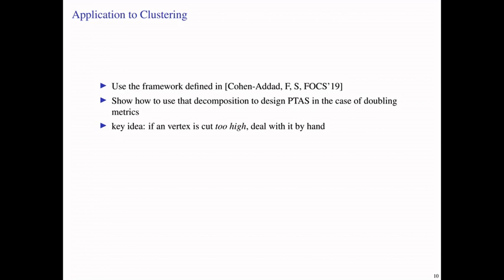And the hope is that being cut too high happens with tiny probability because of the first property, the scaling probability. And so we can deal with it by hand nicely. And for all the other vertices, we can use the interface because epsilon R is not too big for them. That's the very general picture.